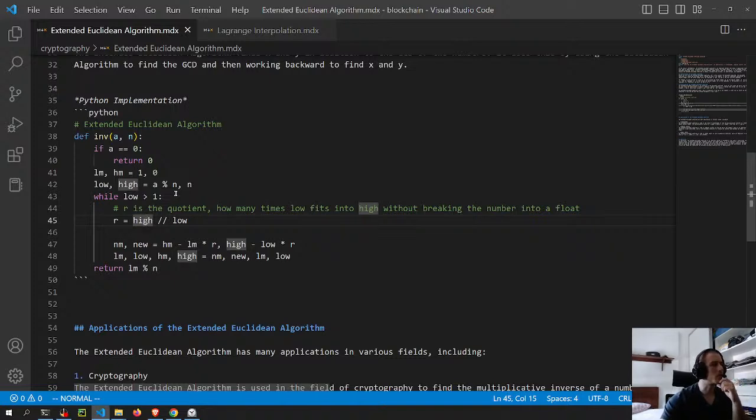So the lowest common one is the remainder between A divided by N, and the highest is N, the number itself. And then you do high divided by low. So you do the number divided by the remainder.